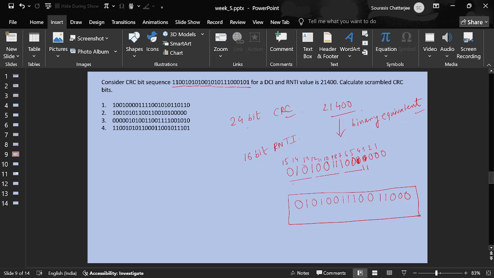So I need to basically do the XOR operation with the 16-bit here, with this one. And what I will be getting here is 1.